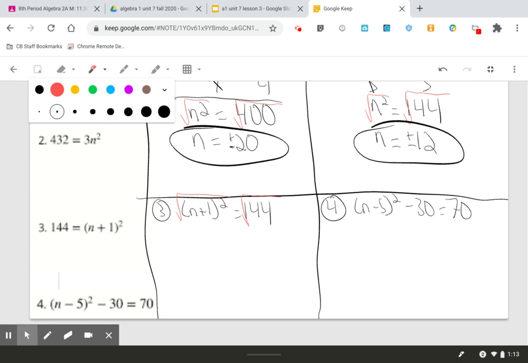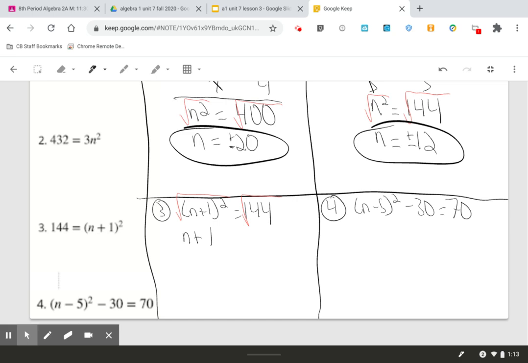Now here's where it gets a little tricky. Again, the square root will cancel out the squared, and I'm left with n plus 1.